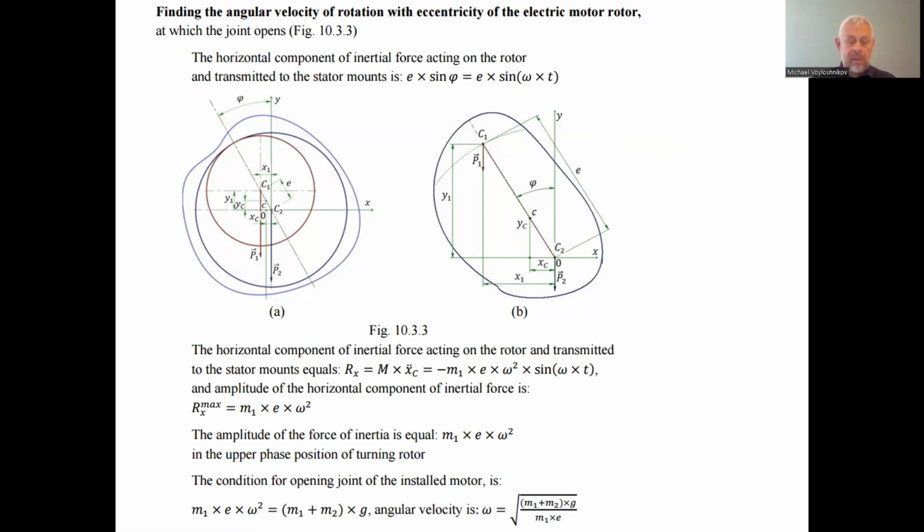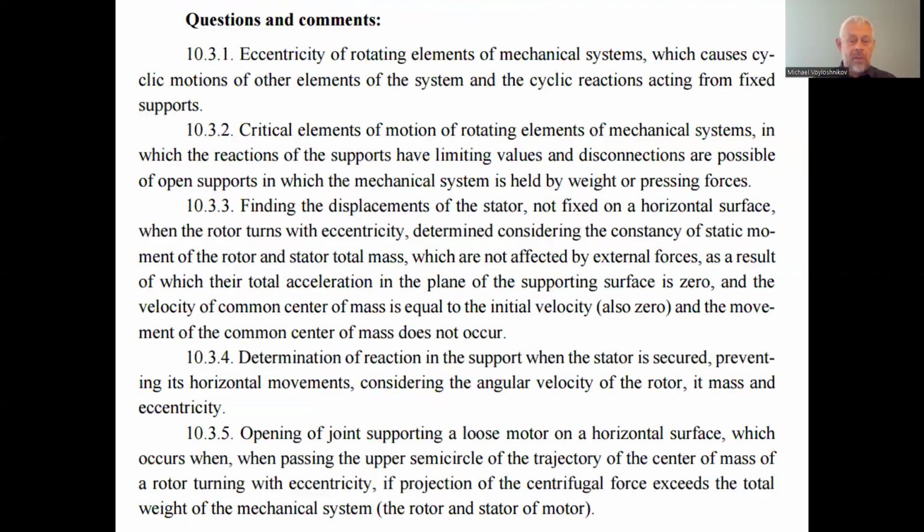In this case, the gap will open between this mechanical system and the surface of its location, if not bolted, but just located with pins, not limiting the vertical displacement of the mechanical system, only the horizontal one. So, questions and comments?